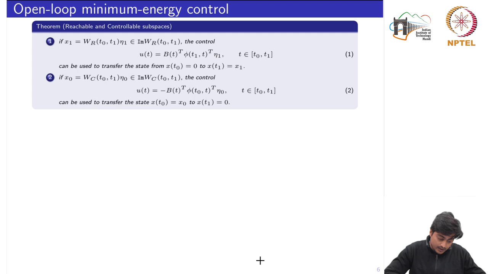So if we summarize this overall result, these two points are basically recalled from the controllability lecture, where we have done the characterization for the reachable and the controllable subspaces, and we have also computed the control signal. This control signal is for steering the trajectory from the origin to x1, and this control signal is from x0 to 0 in t1 amount of time.